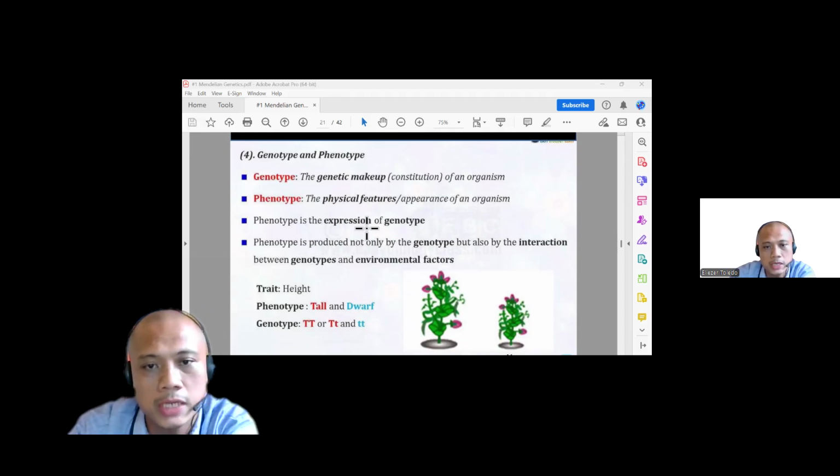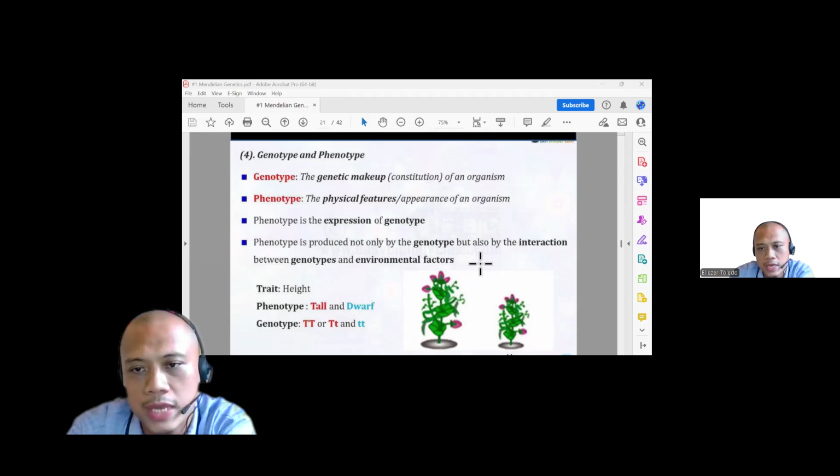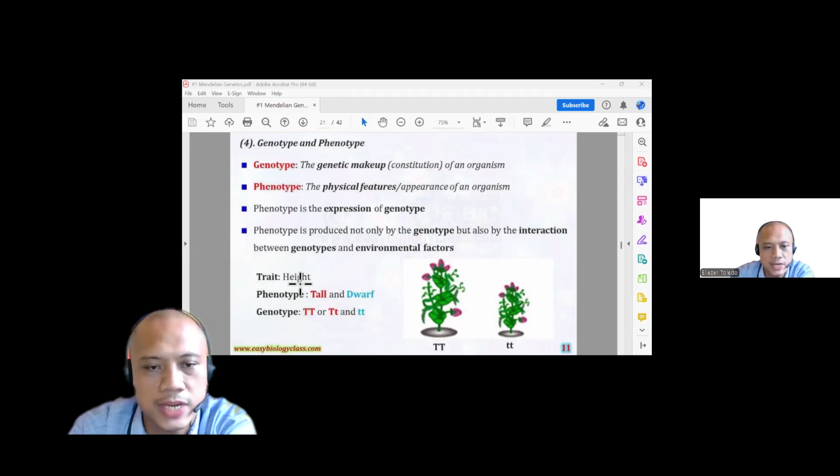Phenotype is produced not only by the genotype, but also by the interaction between genotypes and environmental factors. For this instance, the trait is height. The phenotype is tall and dwarf. The genotype could be two capital T's, a capital letter and a small letter T, or just two small letter T's.